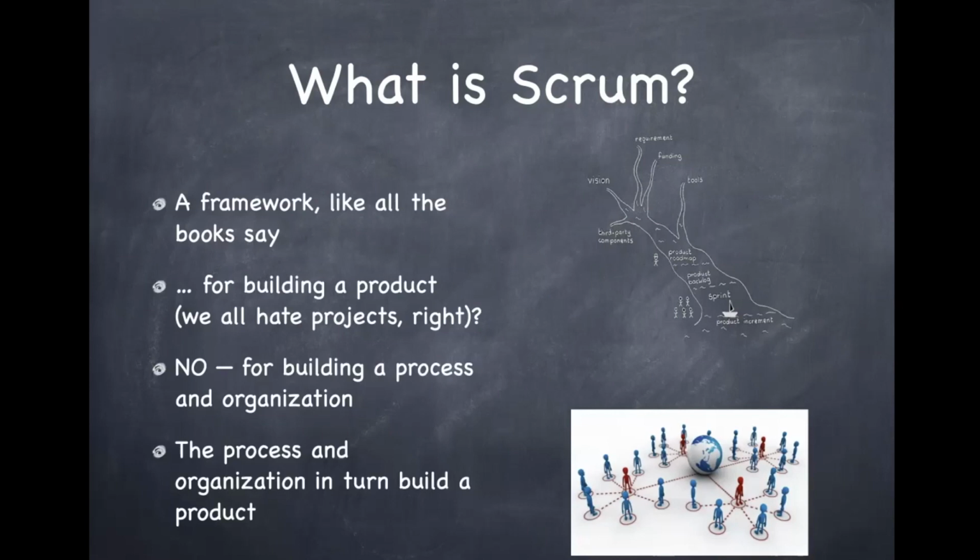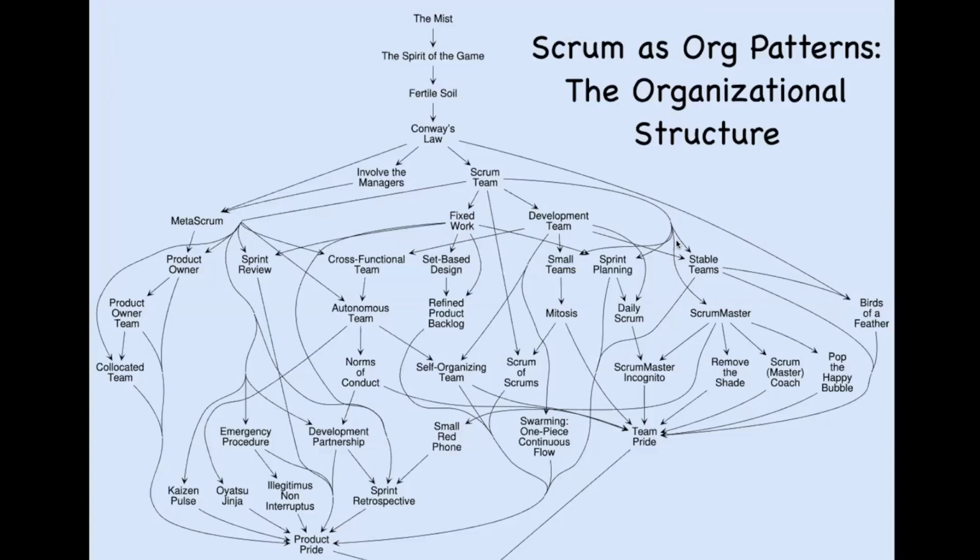We have a Scrum team that includes a product owner and a Scrum master. The teams coordinate through Scrum of Scrums and so forth. So we're looking at the architecture of Scrum, both its architecture in time, which is this value stream, and its architecture as an organization.